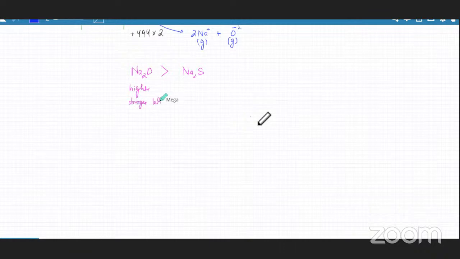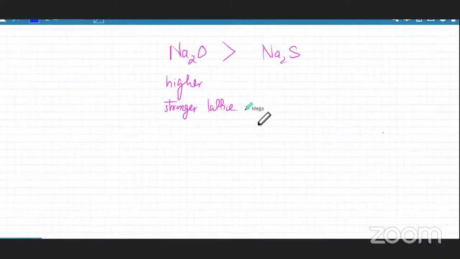So can anyone explain why it has a stronger lattice? What's going to be the reason for that? क्या होगा anyone? Lattice की strength किस पे depend करती है? I mean, sodium ions and oxygen ions are attracted to each other. The lattice strength depends on two things.